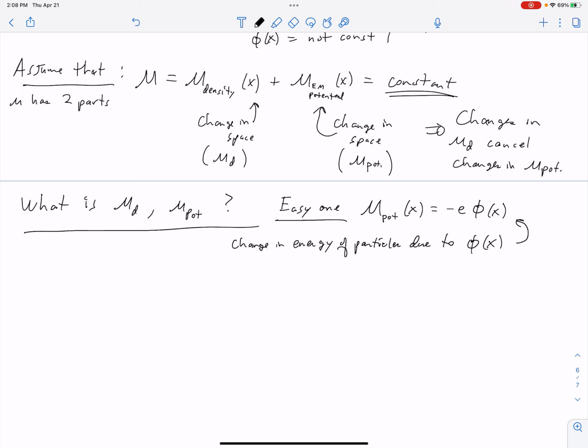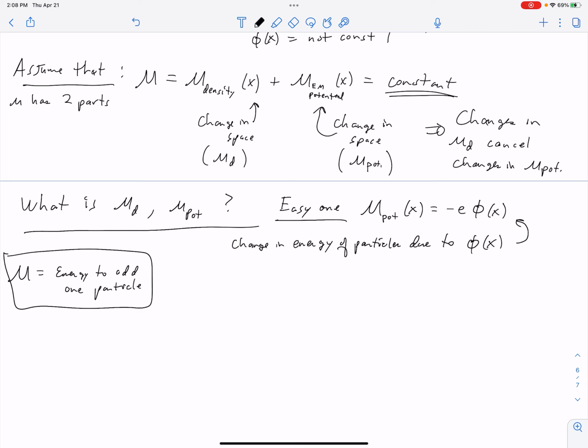Because remember, what is mu? Mu itself, the chemical potential, is just the energy to add one particle to a system. That's the definition of chemical potential from StatMech.